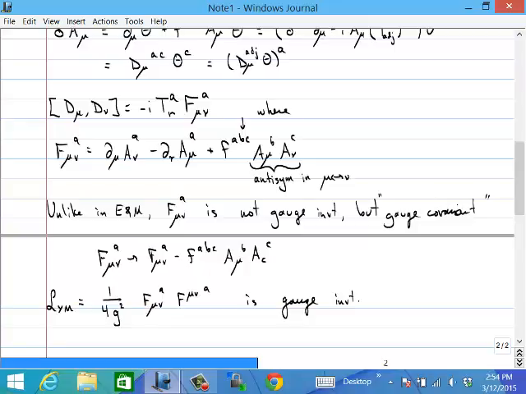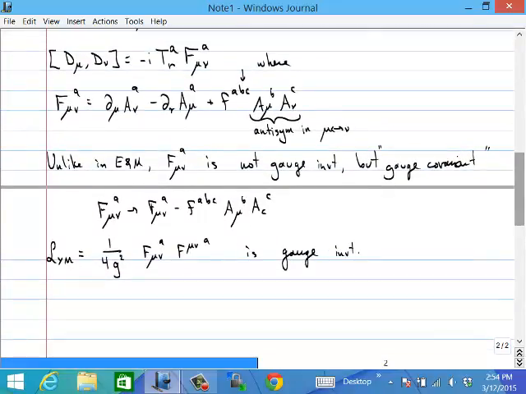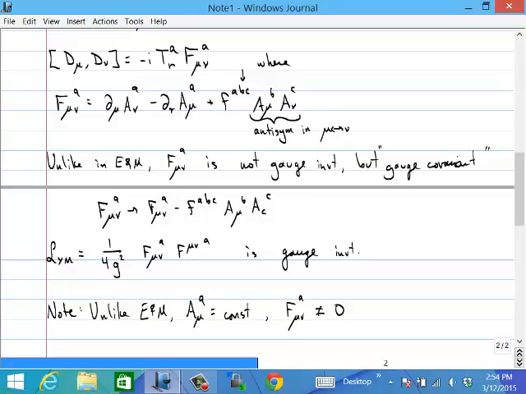One comment that I think is worth noting, just as an additional point of divergence from electromagnetism, is that unlike the case of E&M, even if A is equal to a constant, F can be non-zero.